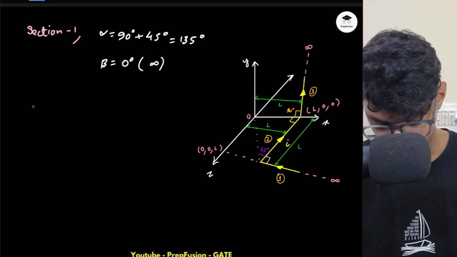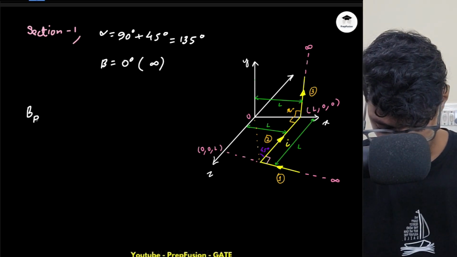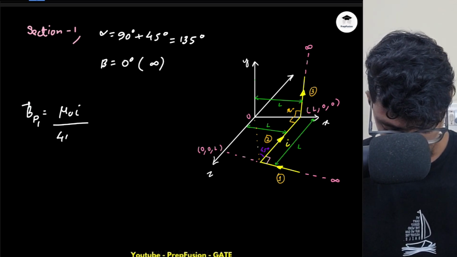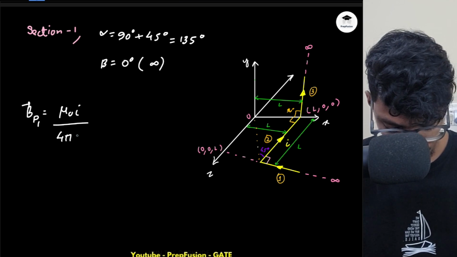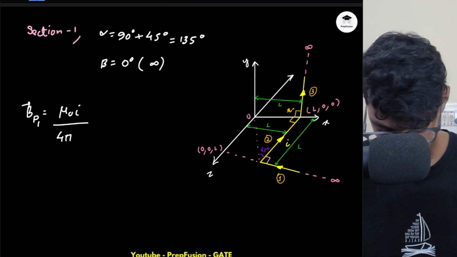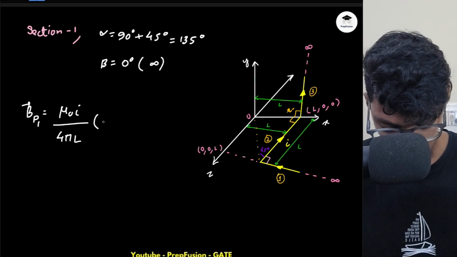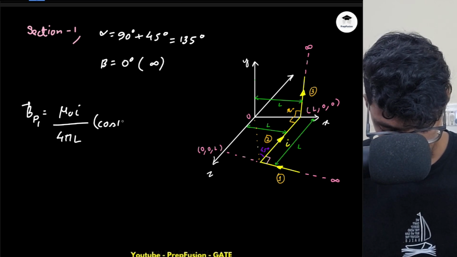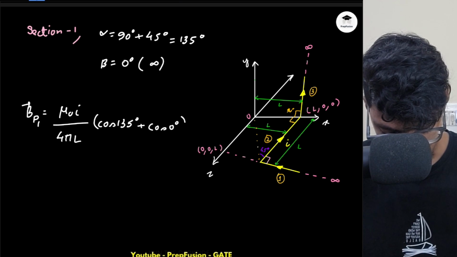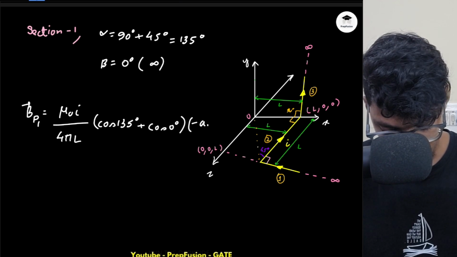So I can directly write that B P1 will be mu naught I upon 4 pi, times the perpendicular distance, which is simply L, into cos of 135 plus cos of 0, in the minus a y cap direction.